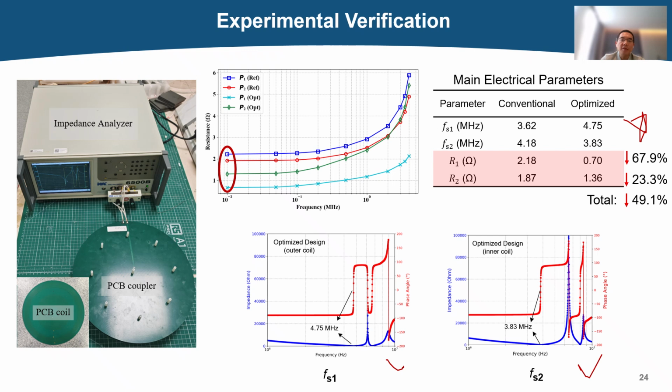The inner coupler's DC resistance was reduced by about 23.3%, from 1.87 ohms to 1.36 ohms. Overall, the total DC resistance decreased by approximately 49.1%, demonstrating the effectiveness of the optimization.